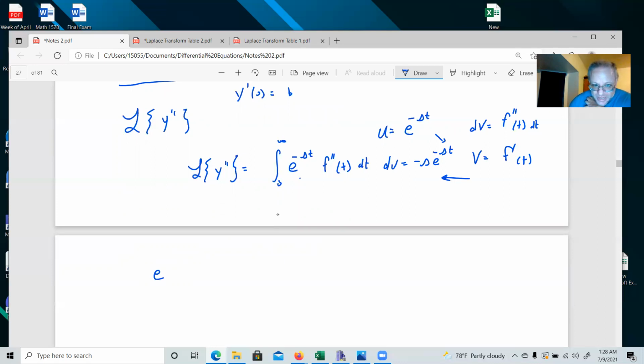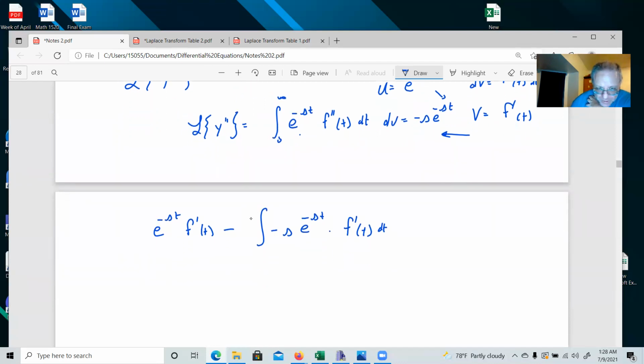So this is e to the negative st f prime of t, minus the integral of negative s e to the negative st times f prime of t dt. Let's clean this up. This is e to the negative st f prime of t evaluated from 0 to infinity. Negative times negative is positive, so plus s times the integral of e to the negative st f prime of t.